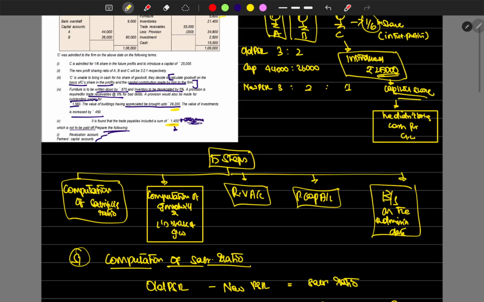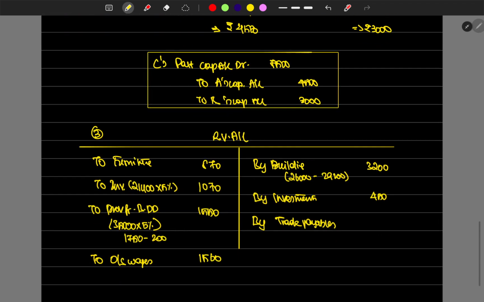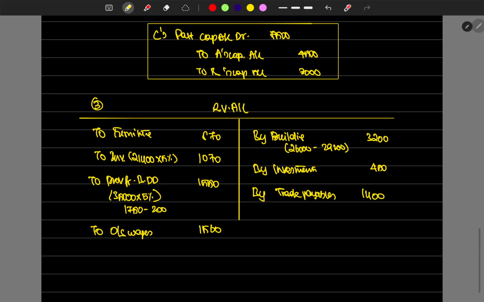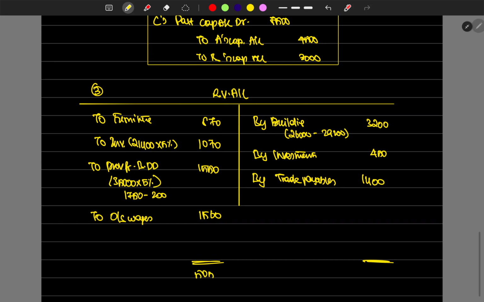How much? 1,400. Okay, let's total. Okay, 5,050. This is also 5,050. There is no balance created out of this revaluation account.